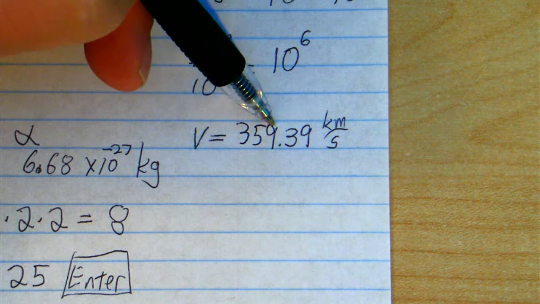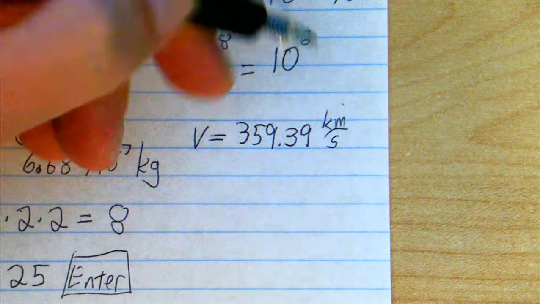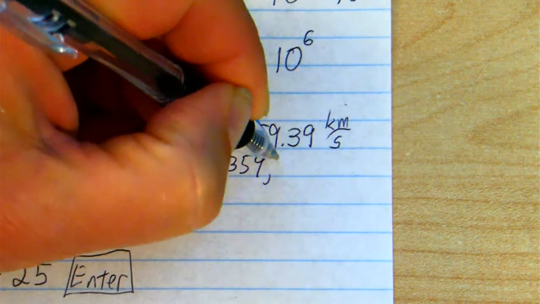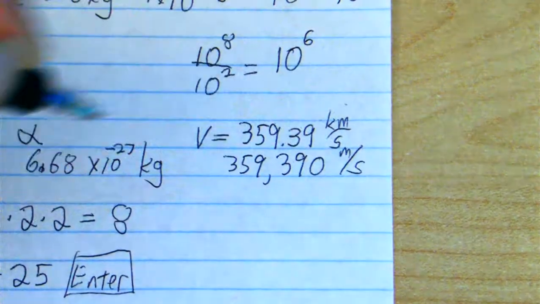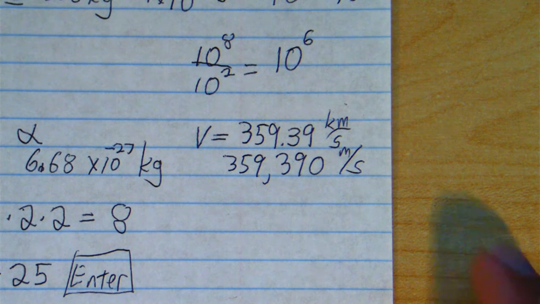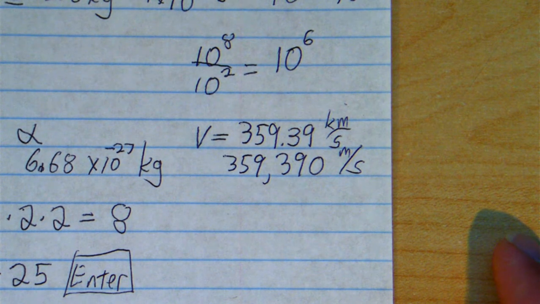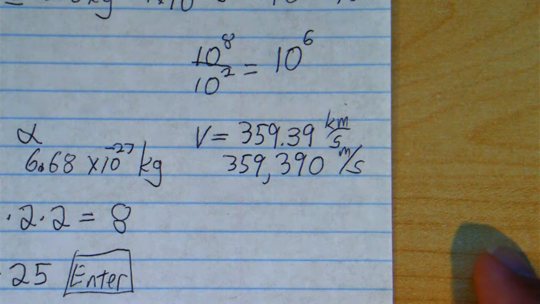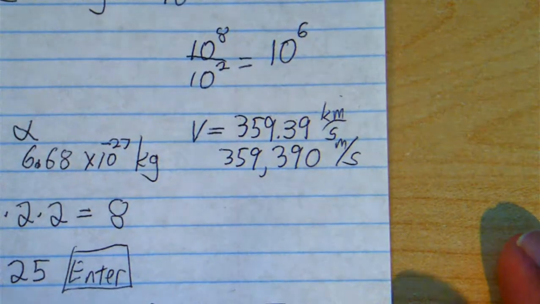You're saying it was 359.39 kilometers per second, which of course means thousands of meters: 359,390 meters per second. Perhaps because I didn't round off at the same point you did, my answer was ever so slightly different out in the fourth decimal place. So therefore, I would say I have to agree with you, close enough: 359,000 meters per second.